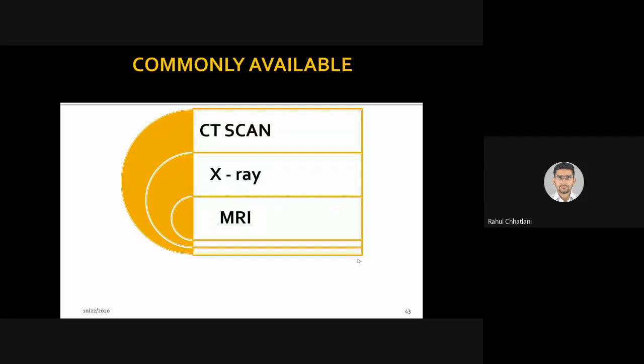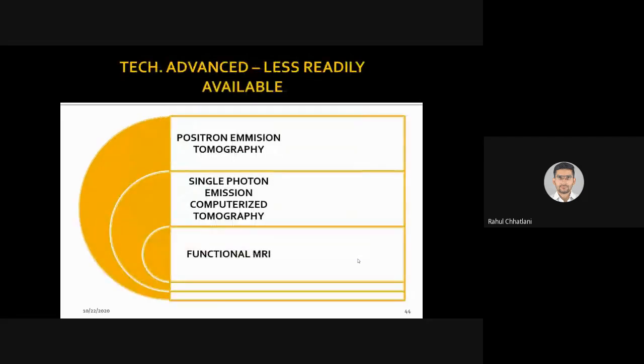Some are technologically advanced but less readily available, not available everywhere in multi-speciality hospitals. So PET scan, that is positron emission tomography, single photon emission computerized tomography, and functional MRI. These are some diagnostic tools that a neurophysician will use for diagnosis of this condition.